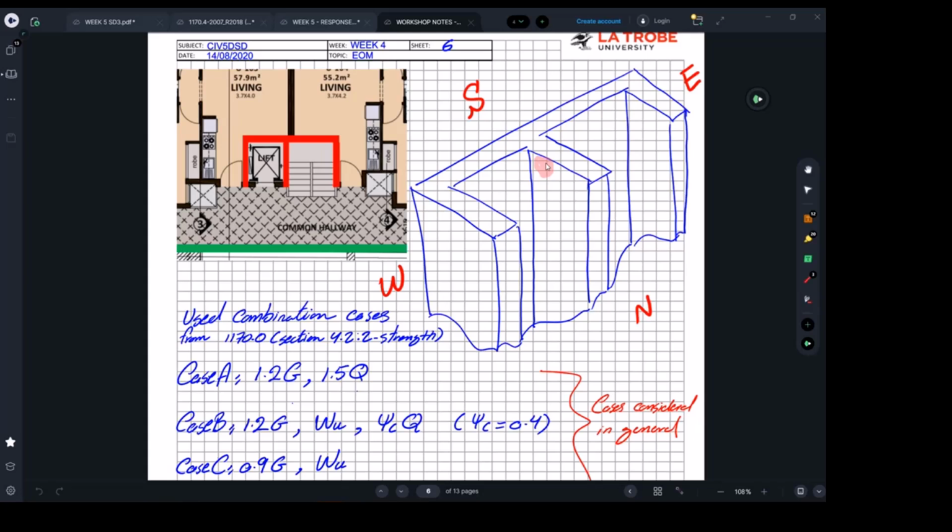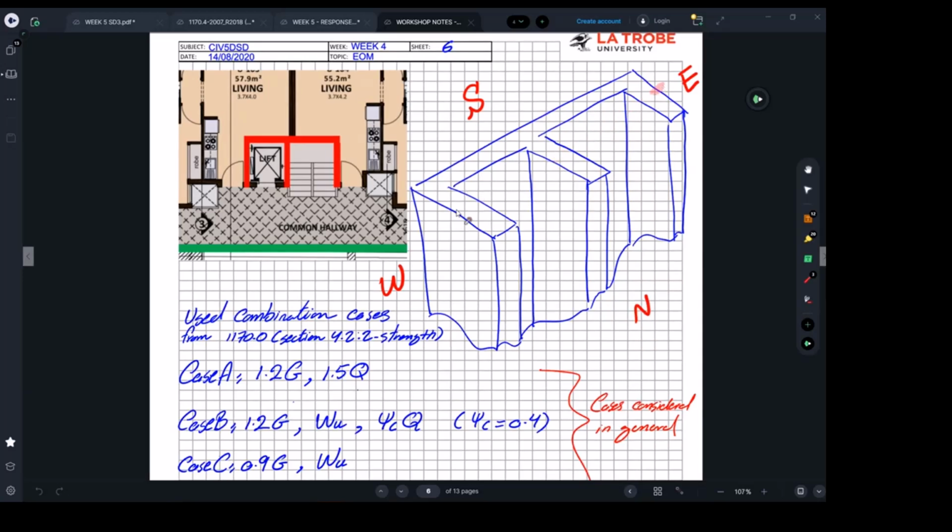The y that will be considered when I want to calculate the stresses at this end will be equal to this distance. If I want to find the stresses at this south end, it's going to be this distance. If I want to find stresses at the north end, it's going to be this distance, and so on.